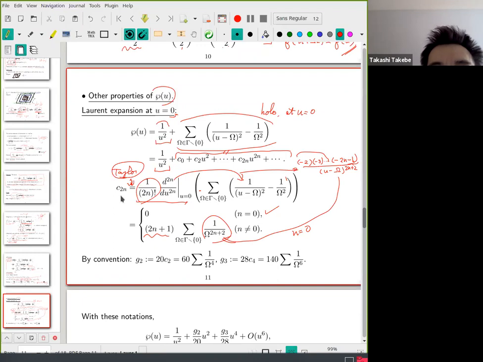So each coefficient can be expressed as a sum over lattice points.